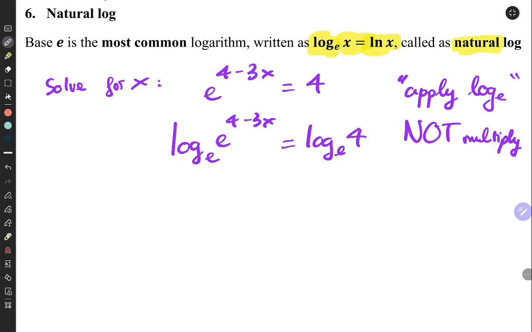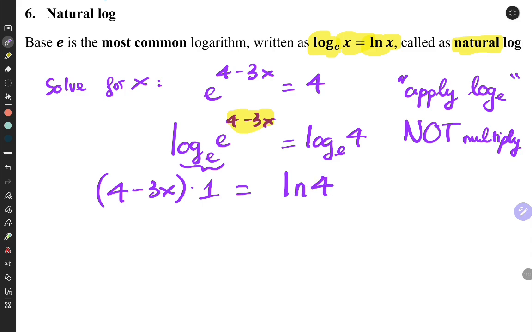Now left hand side is done, right? The exponent, you're able to throw that to the front. And look at logarithm base e of e: that's 1. But on the right hand side, usually I apply logarithm base e, but instead of saying logarithm base e, ln.